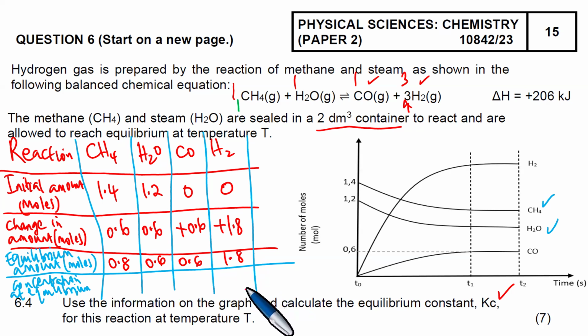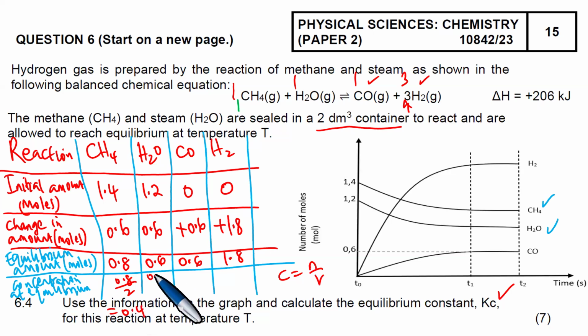And now you must also be in a position to read chemistry graphs as both grade 11 and grade 12 learners. Now, we know that concentration is number of moles over volume, right? The volume is 2 cubic decimeters. So you take 0.8 number of moles divided by the volume, and when you divide here, you get 0.4.